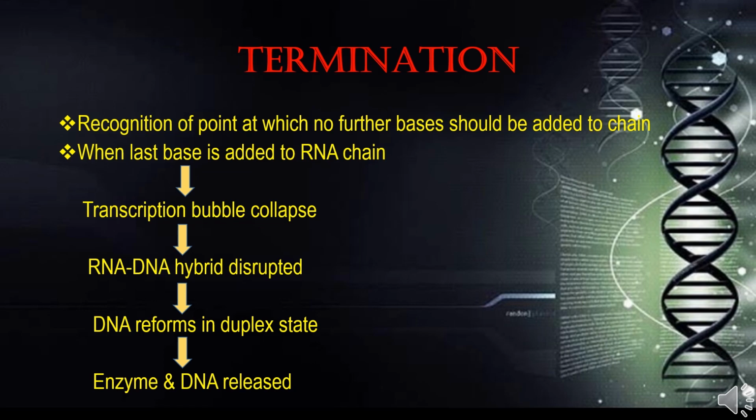When the last base is added to the RNA chain, the transcription bubble collapses. Then the RNA-DNA hybrid is disrupted. Then the DNA reforms in duplex state. Then the enzyme and DNA are released. This is the final stage.